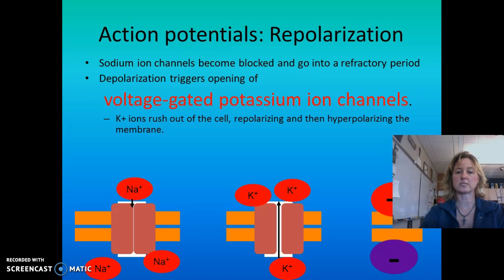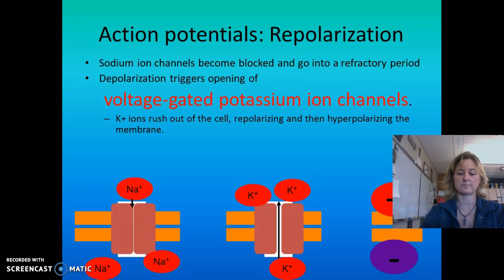If you remember from yesterday, the potassium channels were open about 3 times longer than the sodium channels were, and so that allows more potassium ions to move out of the cell than any of the sodiums that moved in.